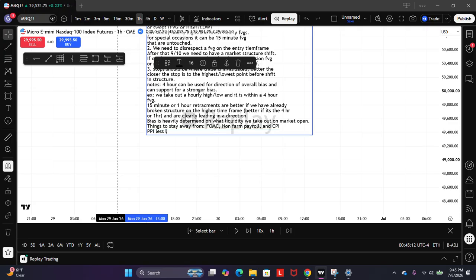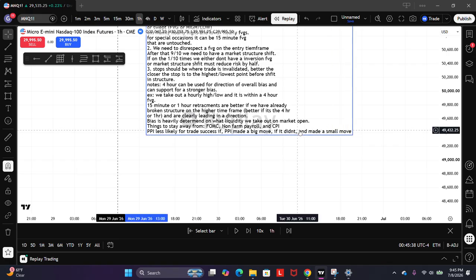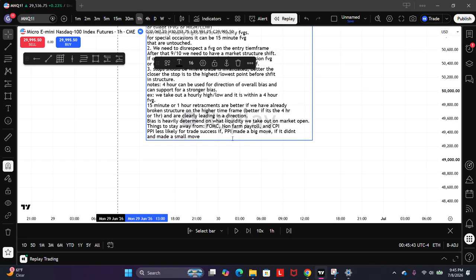PPI, less likely for trade success if the PPI made a big move. If it didn't, if it made a small move, then we can still have a possible trade.